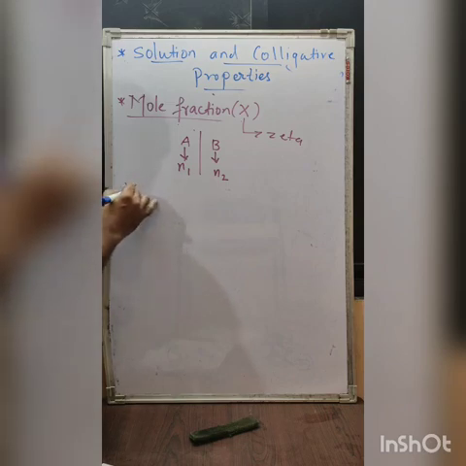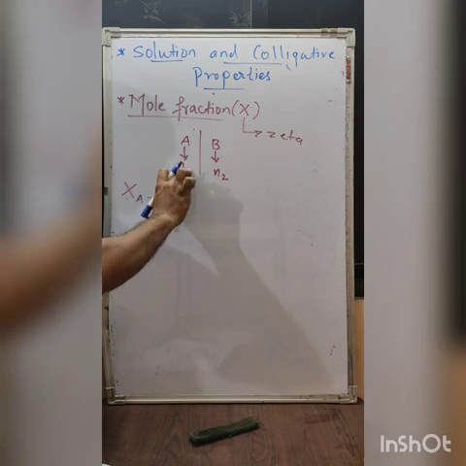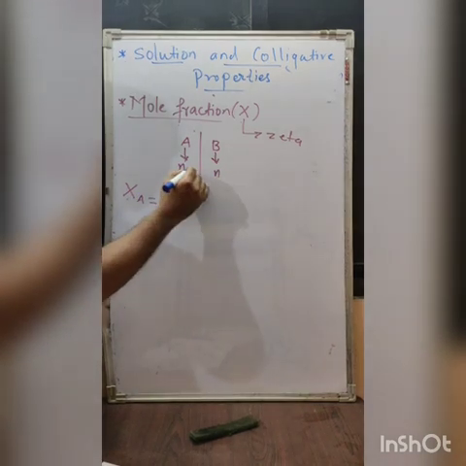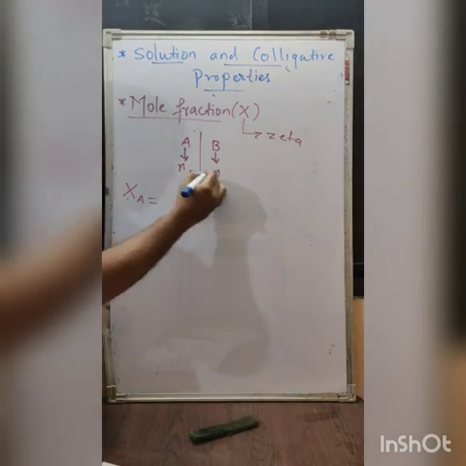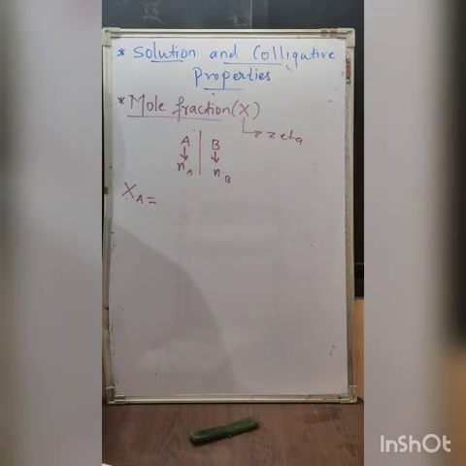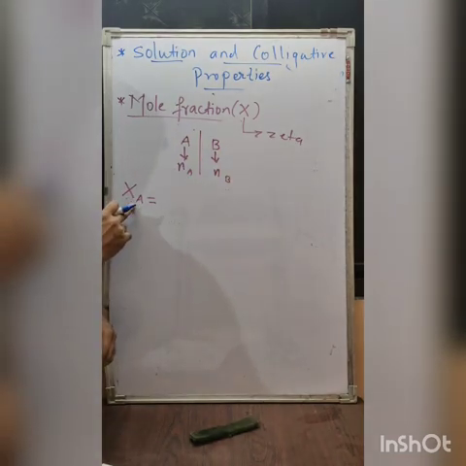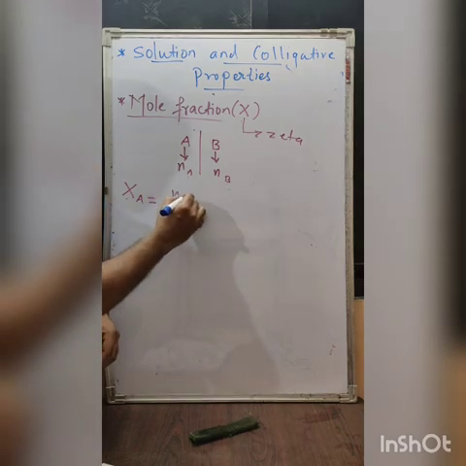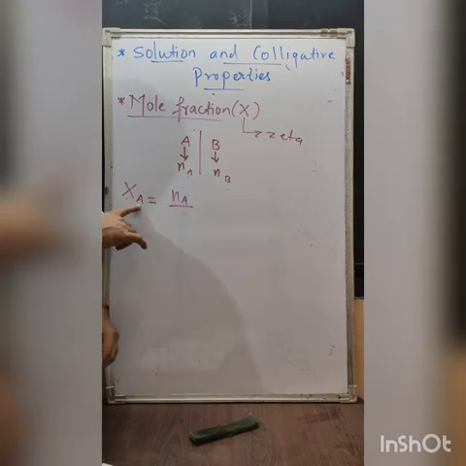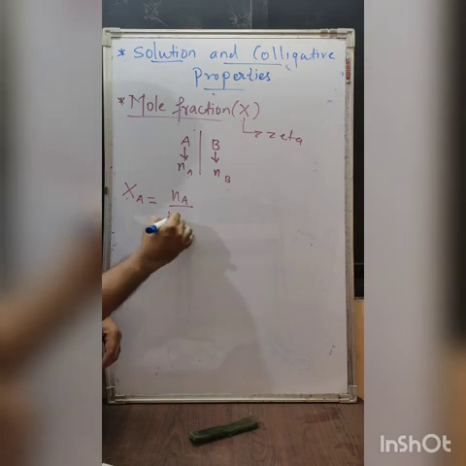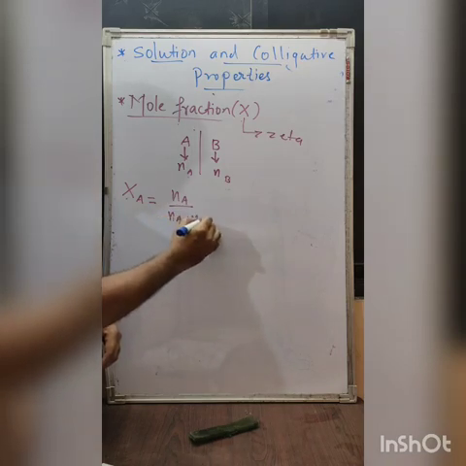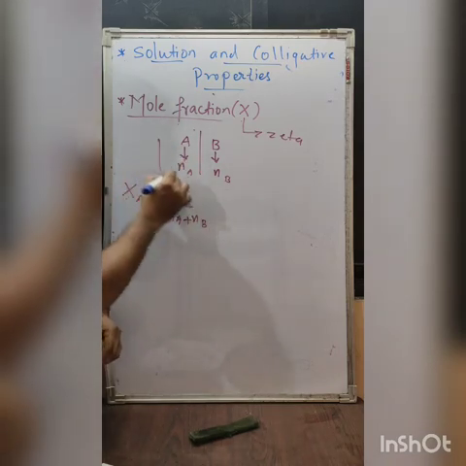So in place of 1 and 2 I take A and B. Mole fraction is defined as the number of moles of that component to the total number of moles in the solution.